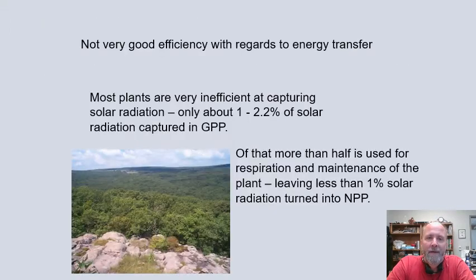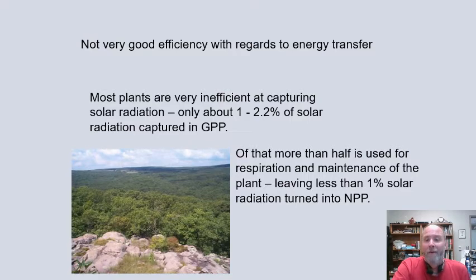Okay, so if we start at that base and say we've got solar energy coming in, hitting the Earth's surface, from that amount of solar energy, photosynthesis happens. And again, this is that first energy transfer from inorganic to something that's organic. Now we like to think that plants are really good at it. They're actually pretty inefficient. It's estimated that somewhere between 1% and 3% of the solar radiation that actually strikes the Earth's surface is captured for gross primary productivity.